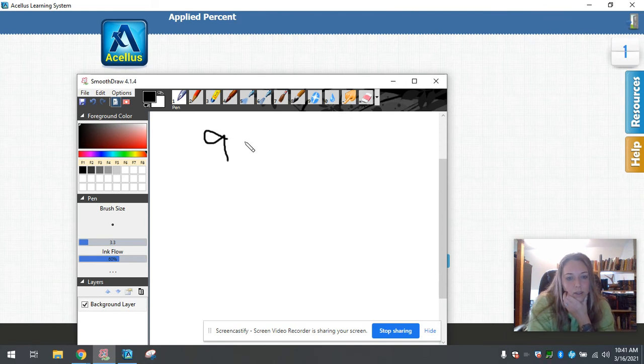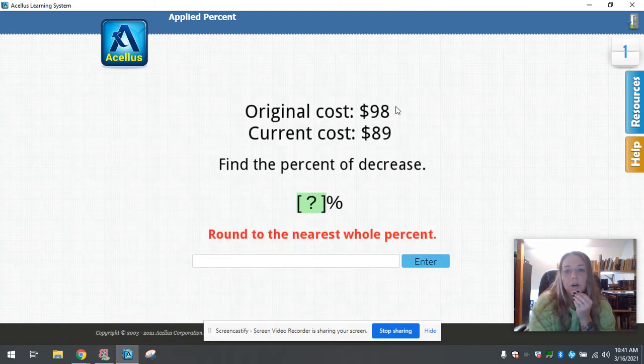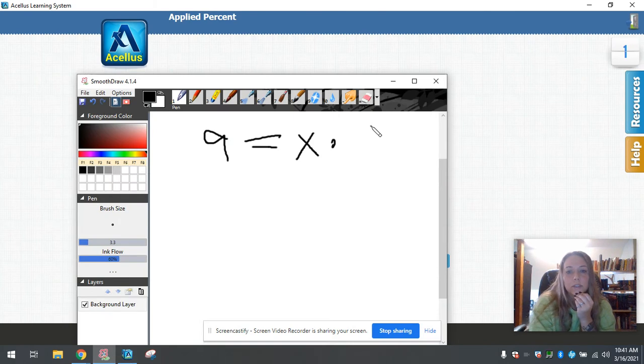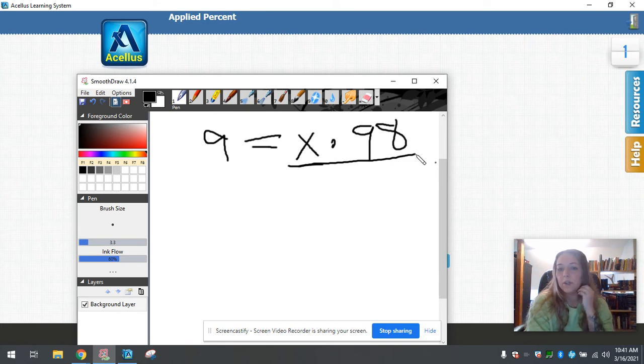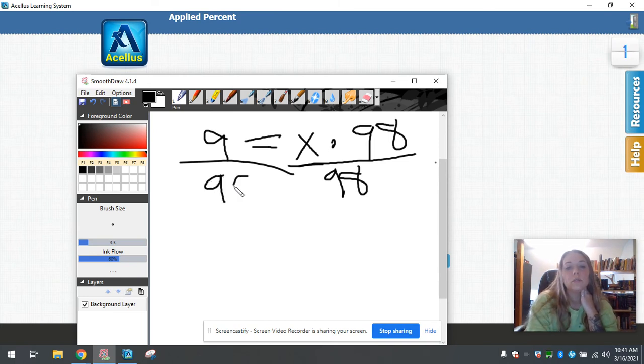So 9 equals, we don't know what percent, so we put a variable, times the original cost, which was $98. Okay, now I have my problem set up so I can solve it. 9 equals x times 98. Undo what's been done to the variable, so we're going to divide by 98. What we do to one side, we do to the other.